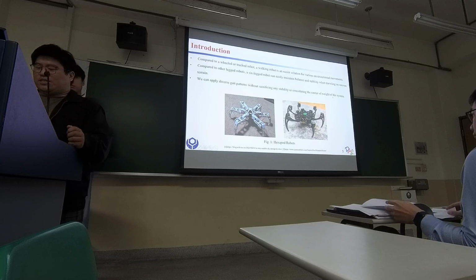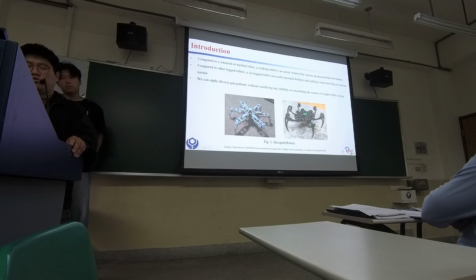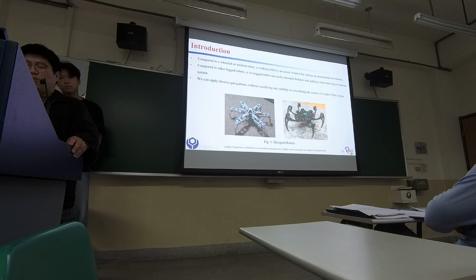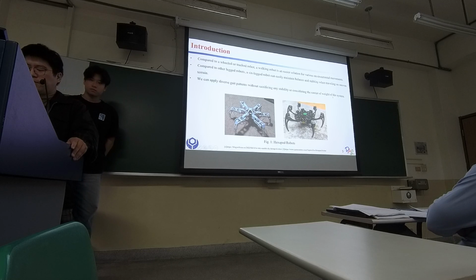So nowadays, multiple research studies are focusing on the locomotion of robots. While a wheeled or tracked robot can move fast, it encounters challenges in uneven environments or terrain.